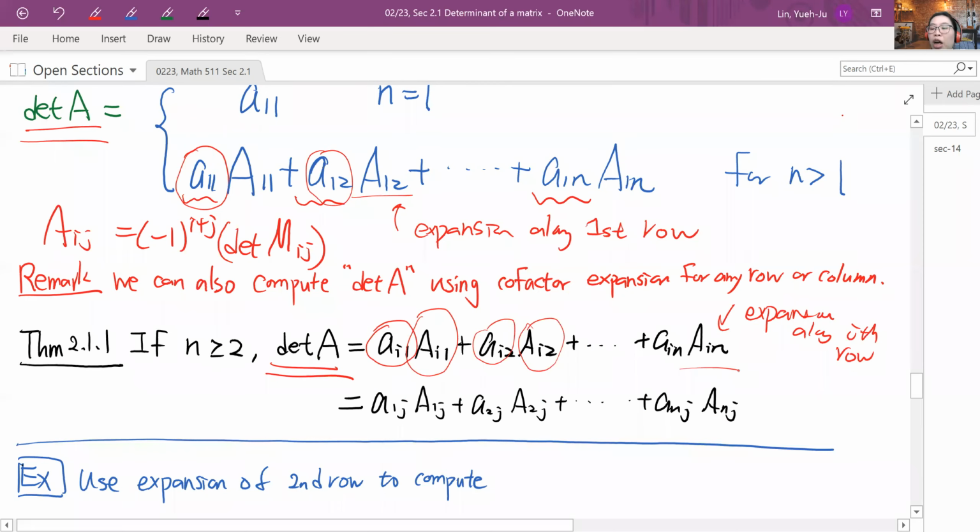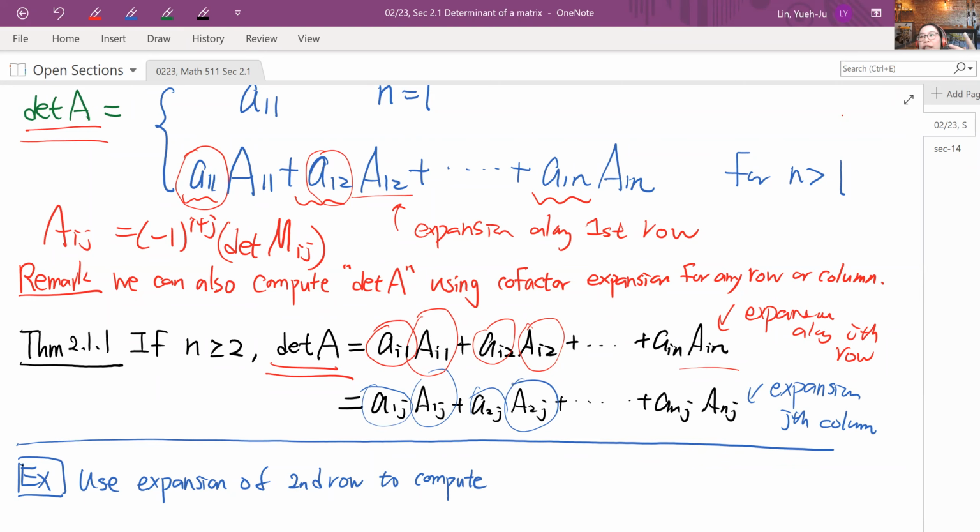Or if you're not happy with the expansion along the ith row, you can do the expansion along the jth column. Then you use a1j, a2j, matched with the corresponding cofactors. But of course, I'm not going to trick everyone into always calculating a very large matrix.